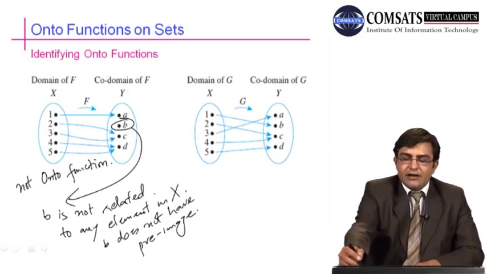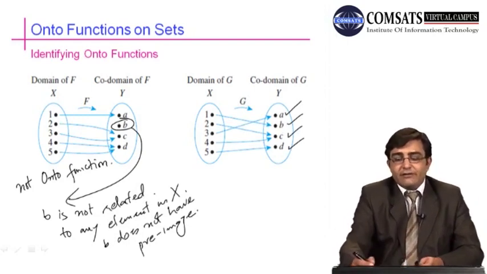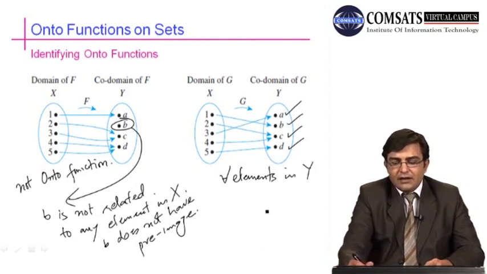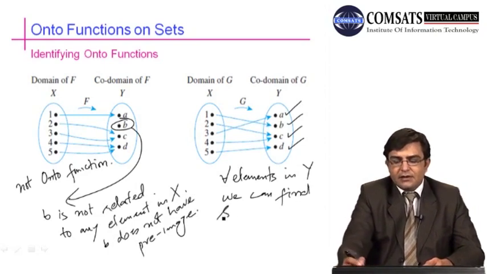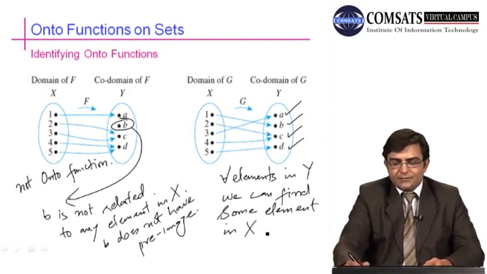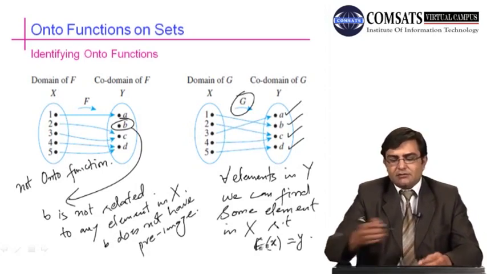So every element in Y is related to some element in X. We can find, for all elements in Y, some element in X such that f of x is equal to y, or here we have defined g, so here we must have g of x is equal to y.